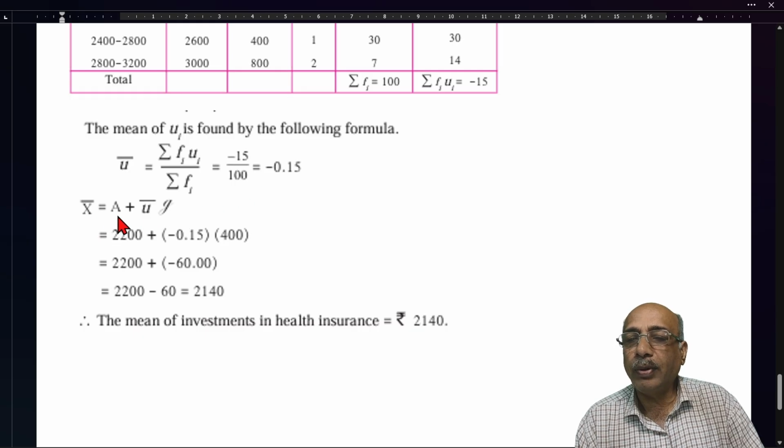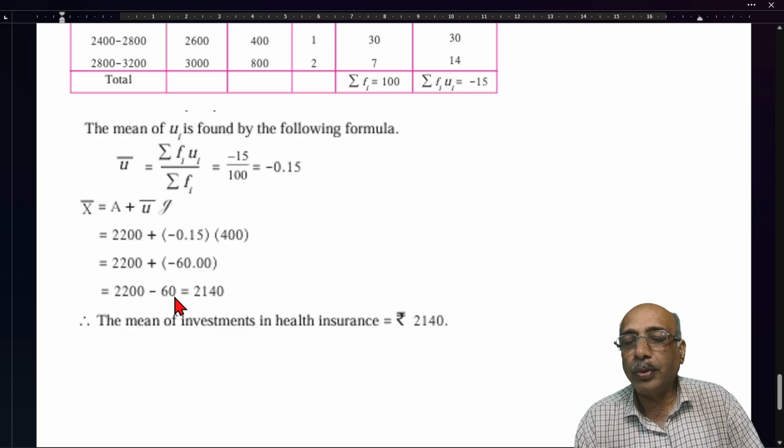x bar equals a plus u bar into g. So here we have to multiply by g. 2200 plus minus 0.15 into g, whose value is 400 as we have taken. So 2200 plus, in brackets, minus 60.